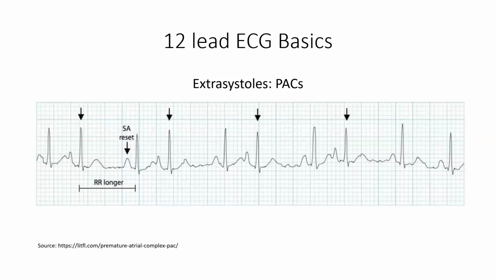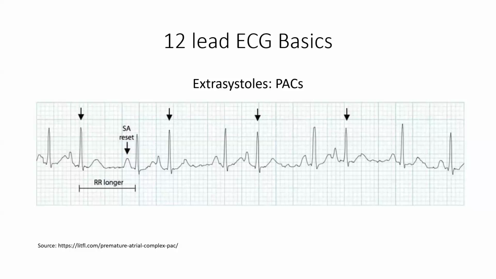I think some of my slides maybe got out of order. I'm going to skip premature atrial contractions. I don't think that's necessarily something that you would see under urgent or emergent circumstances.